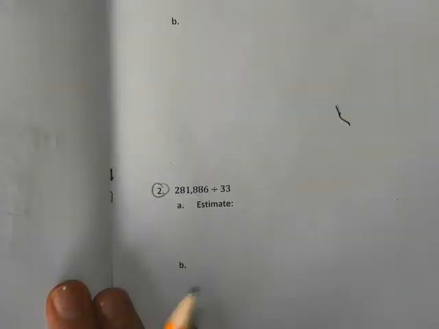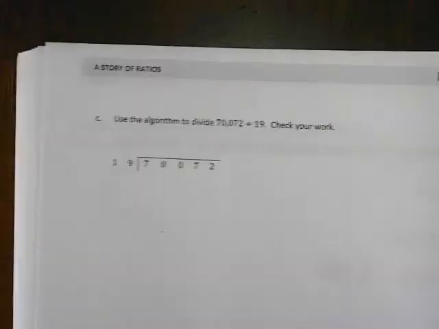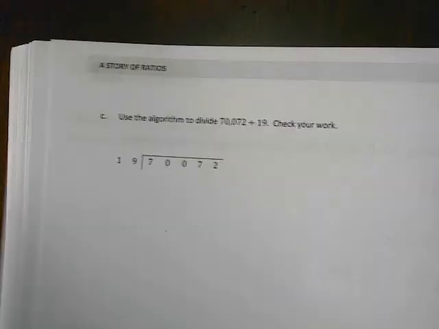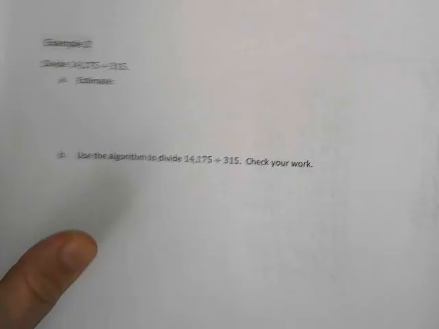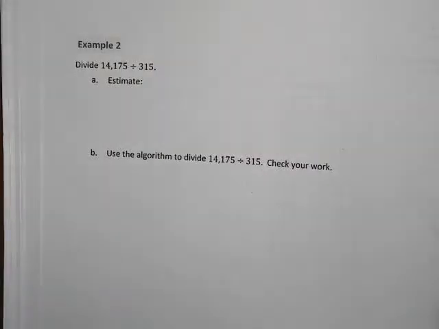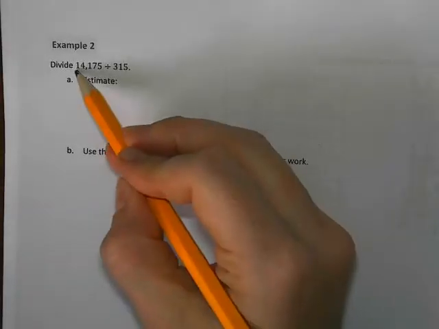Now, going to your next page, I'm going to do example 2 for you. It's going to be the exact same process. So we're going to estimate. We have a 14 here.